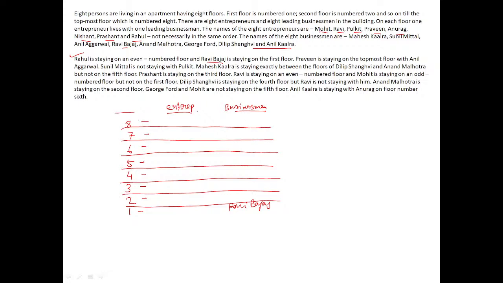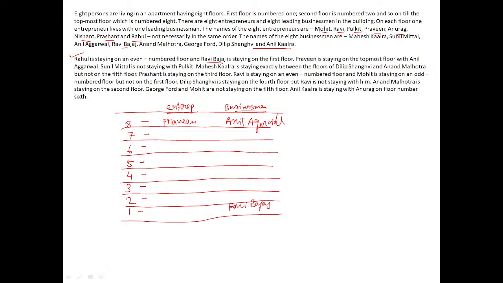Here it is, right? Praveen is staying on the topmost floor with Anil Agarwal. So Praveen is the entrepreneur, who lives with a businessman, Anil Agarwal, right?